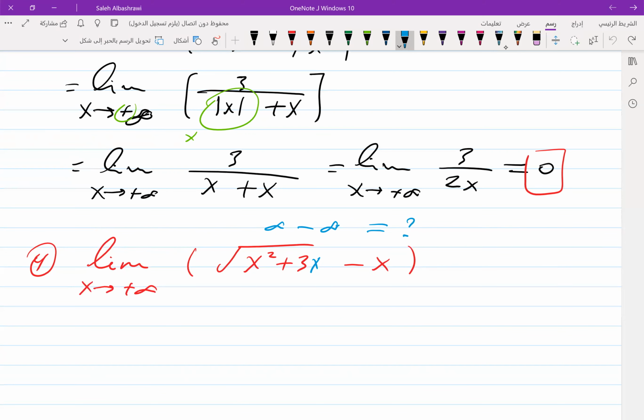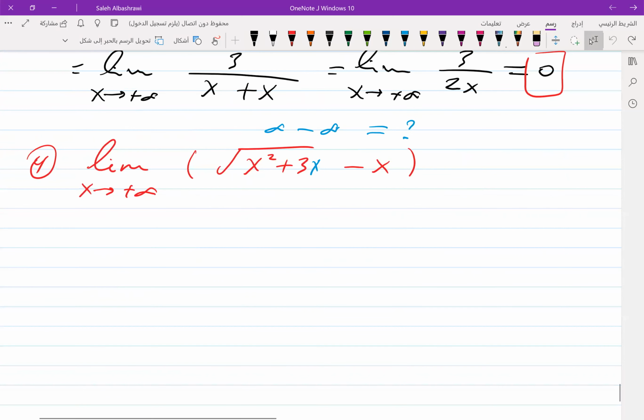We need to check this one. Are we going to have 0 in this case or not? As we did exactly the same steps, we just add that x. So multiply by the conjugate.